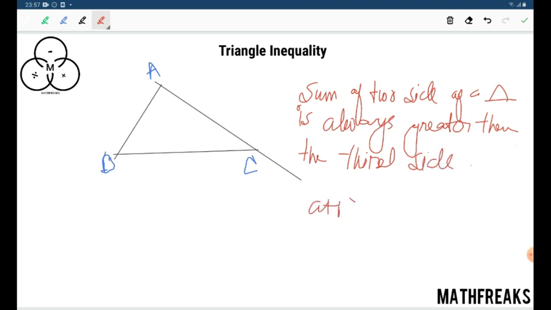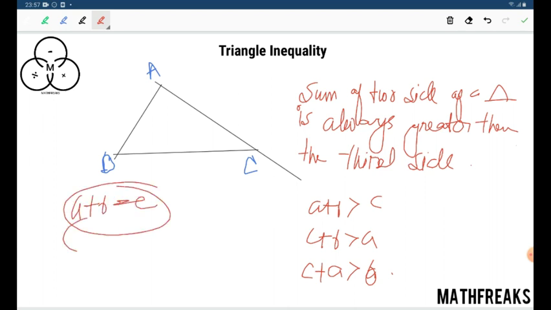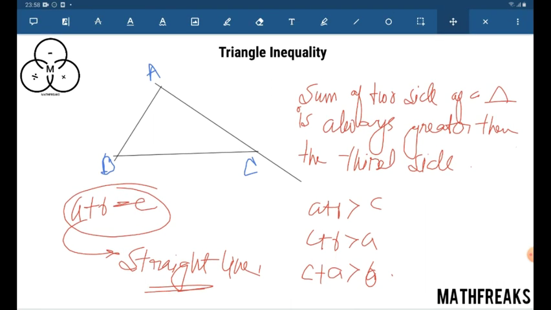That is, A plus B is always greater than C, C plus B is always greater than A, C plus A is always greater than B. If A plus B equals C, this means that this is a straight line.